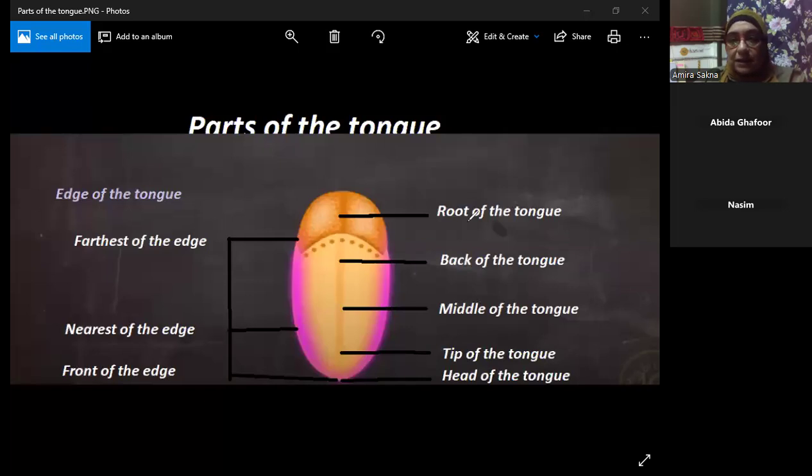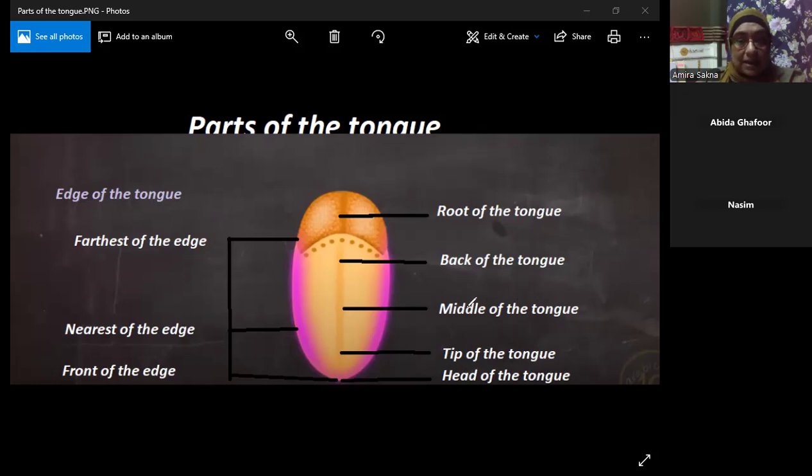Well, my dear sisters, before I begin the explanation about the articulation point of letter Ra, I would like to remind you about the parts of the tongue, because we stopped for quite a long time, about 1.5 months. If you remember, we divided the tongue into the root, back, middle, tip, and at the end, the head of the tongue.